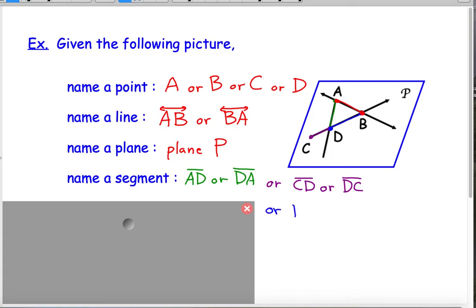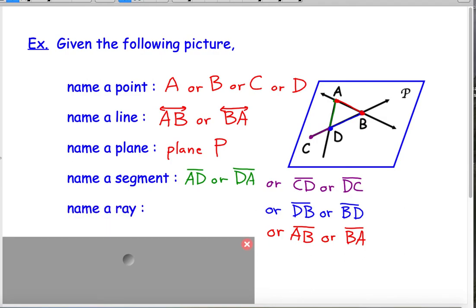Or you could have said segment DB, or you could have said segment BD. Did I miss one? Oh, how about you could have said segment AB, or you could have called it segment BA. And that's it. Remember, you can't use the letter P though, that represents a plane, not a point. So I think I've covered most of it. All you needed was one answer though. So I'm just trying to list all the possibilities.